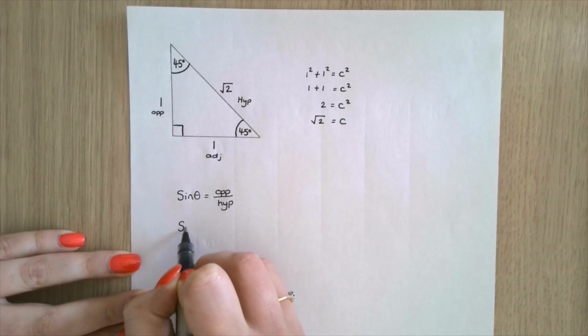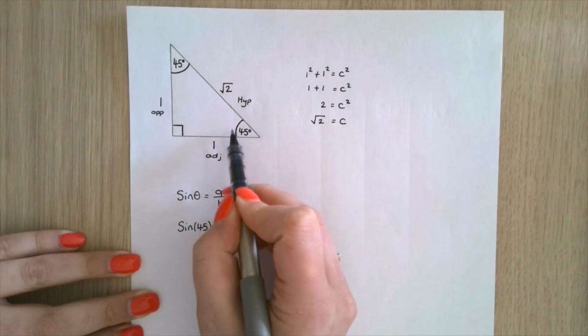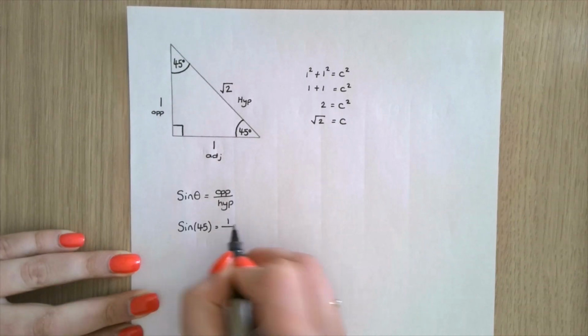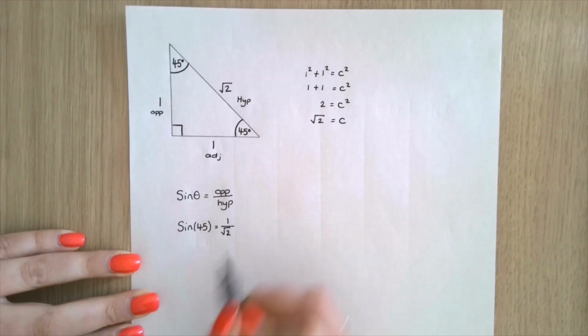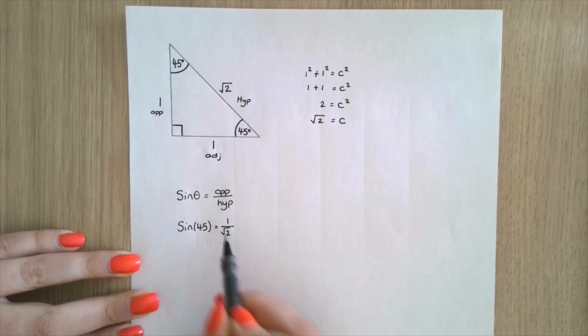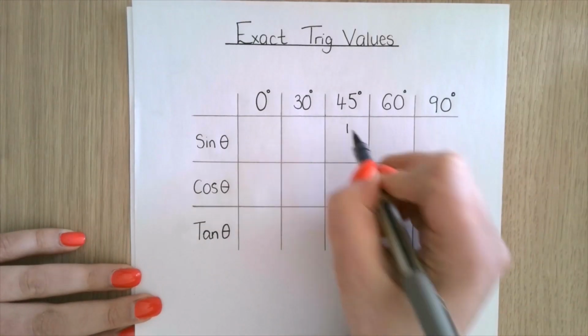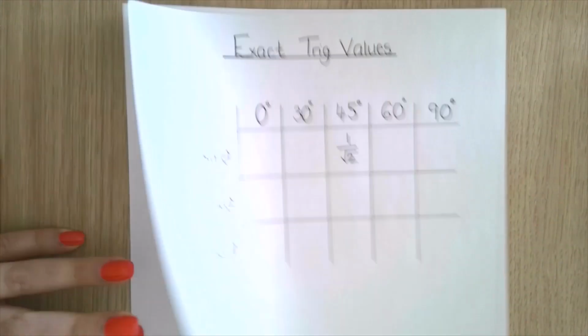So if I say sine of 45, sine of 45 is my opposite, which is 1, over my hypotenuse, which is root 2. So the exact value of sine 45 is 1 over root 2. So I can fill that in here, 1 over root 2.